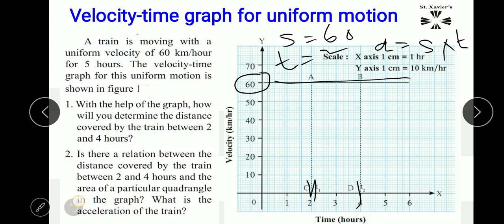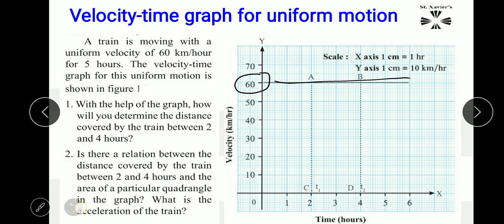I'll repeat again, students. When you see this graph, you will easily come to know the speed is 60 km per hour, and the distance we have to find is between 2 and 4 hours.